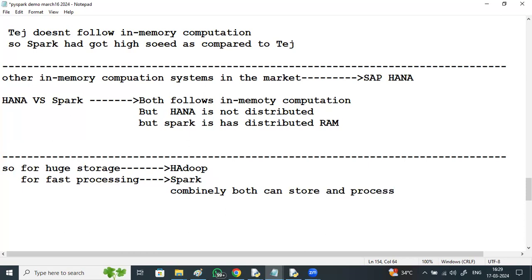Combinedly, both can store and process huge data, right? Do you understand here? For huge storage Hadoop, for fast processing Spark; combinedly both can store and process huge data.